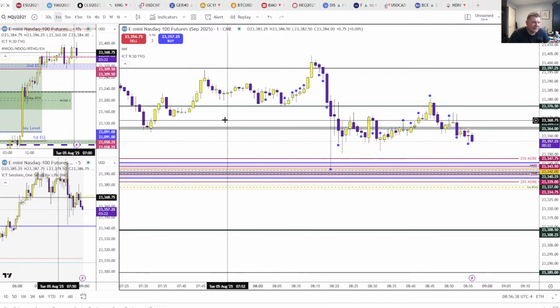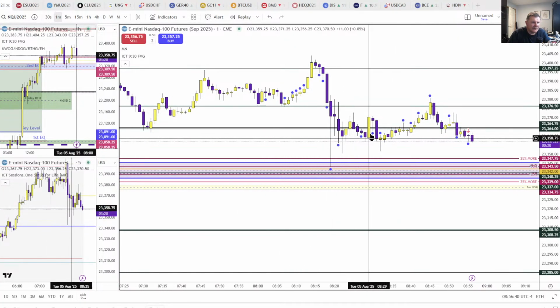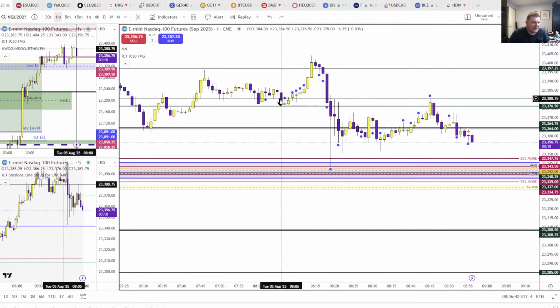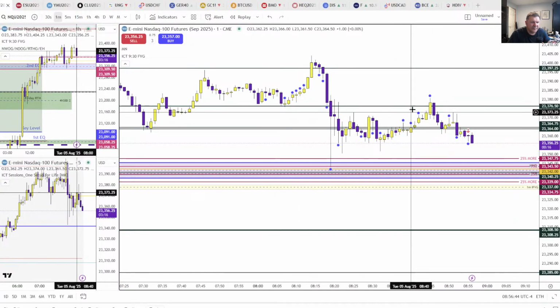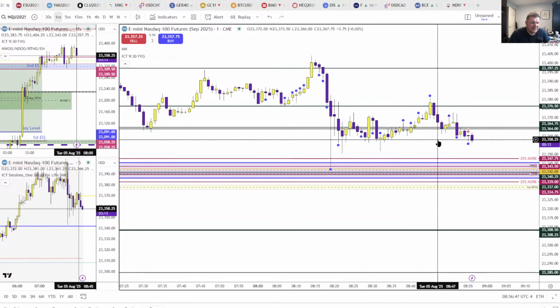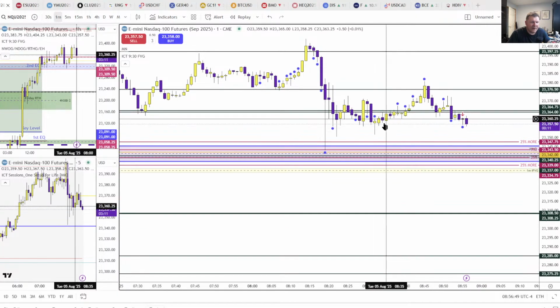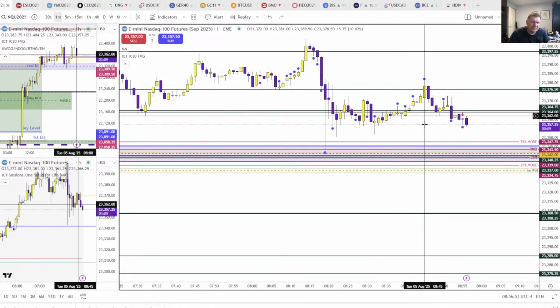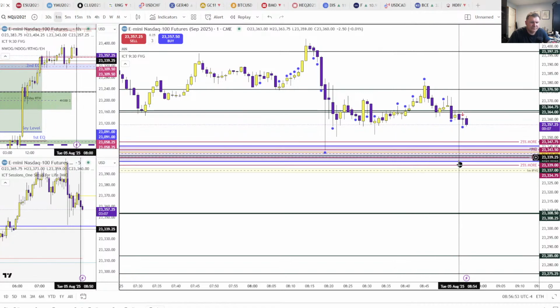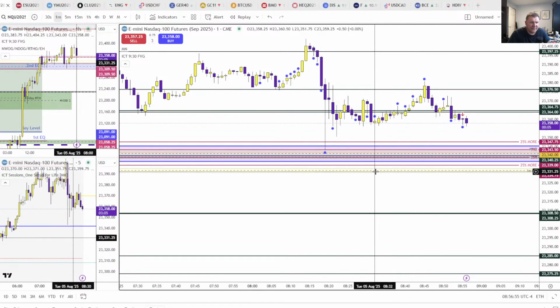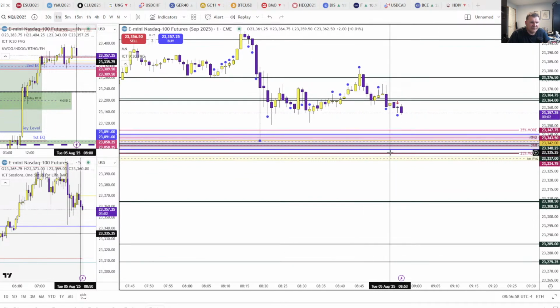We took out this low, and then we took out this low as well. So it traded back into this breaker, reversed, take on not this low now. So for me, I'm going to go high again or long again until I can get some sort of reversal in here. This was the midnight open range.